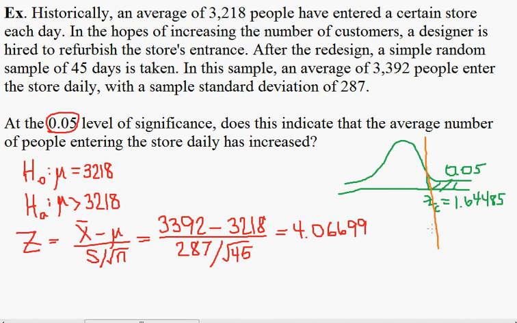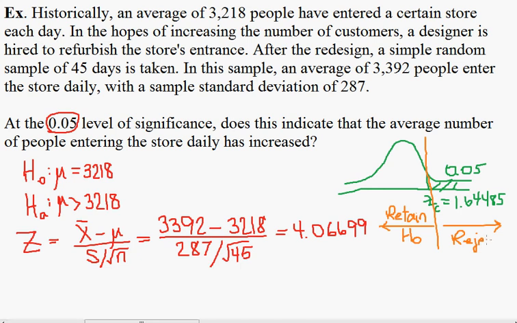So on this side, my decision is to retain the null hypothesis, that I got a number that was not large enough for me to think that the null hypothesis was not plausible. On the other side, my decision will be to reject the null hypothesis.